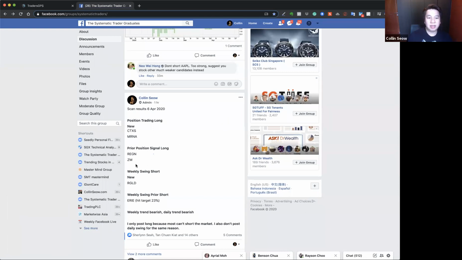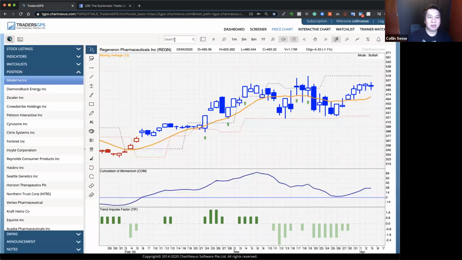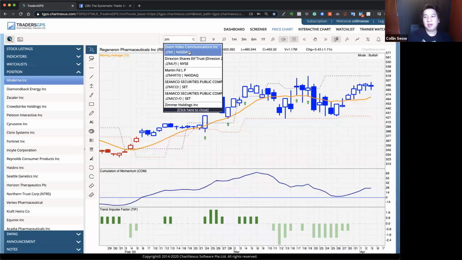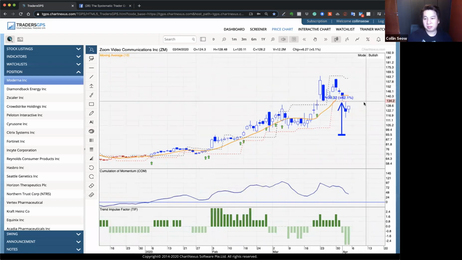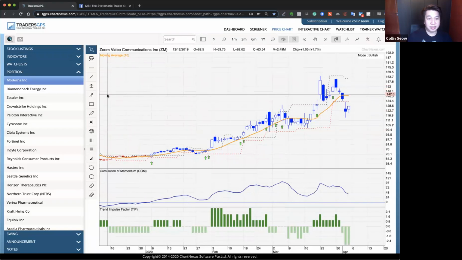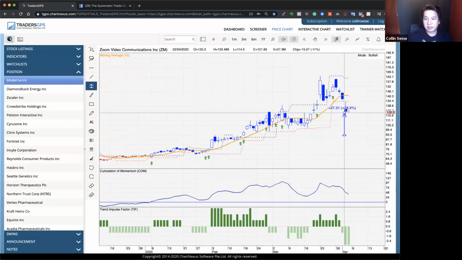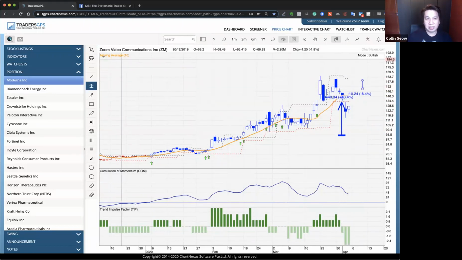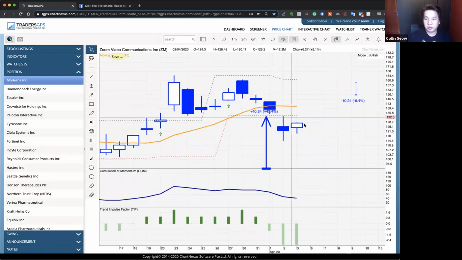Then the next one is ZM. Who has ZM? I think quite a lot of people have ZM. If you entered earlier in February, around the 17th or 18th, and you're using a trailing stop, exit already. When the price breaks the trailing stop, the dotted red line, you can exit right now, or wait for the candlestick to turn red.